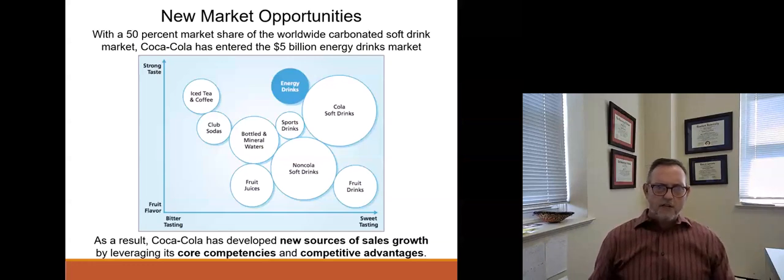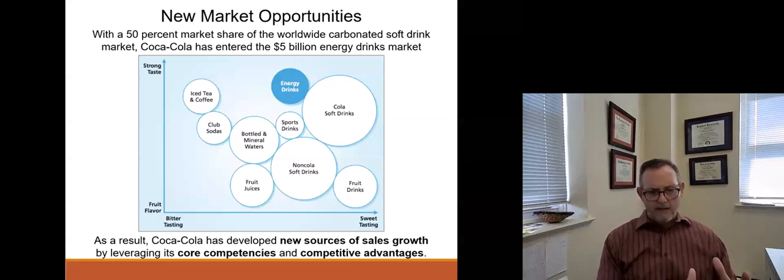Examples of just entering new markets. Let's take Coca-Cola as an example, who has had lots and lots of different product innovations over the years. But remember, Coca-Cola started as a carbonated soft drink with one product. They expanded and did product differentiations to carbonated beverages, and then they started to expand into other versions of drink that are not carbonated and not related to their model.